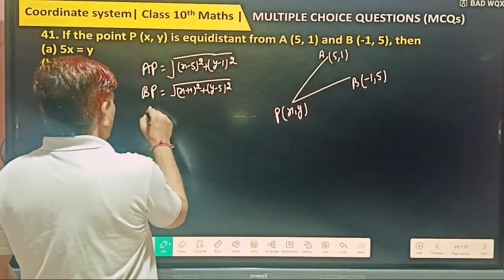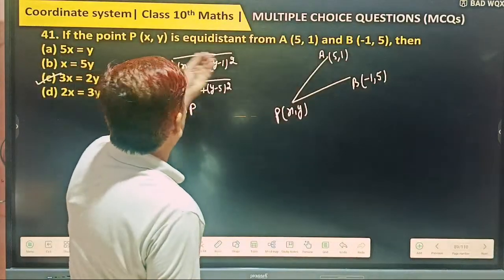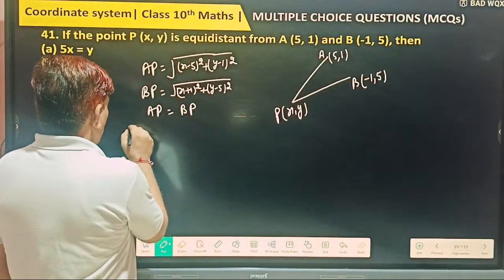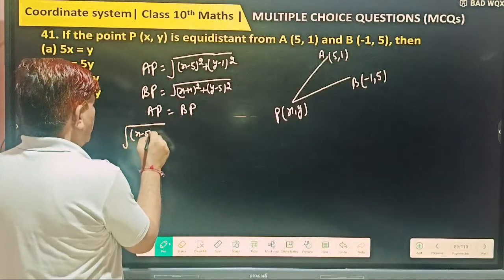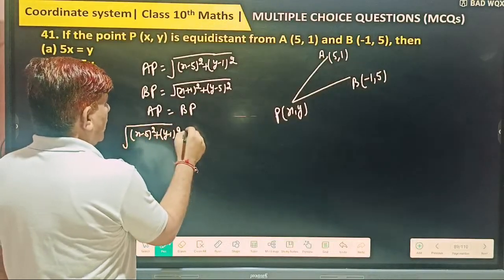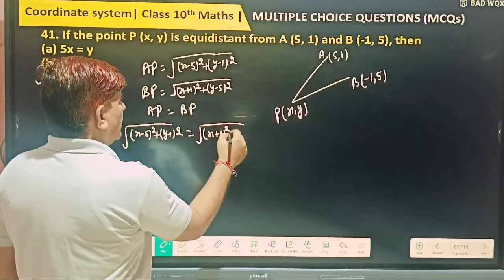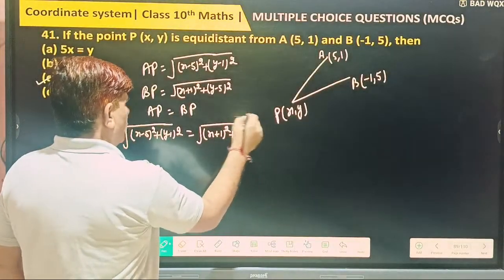Both are equal, AP equals BP, since P is equidistant from these points. So, under the root (x minus 5) whole square plus (y minus 1) whole square is equal to (x plus 1) whole square plus (y minus 5) whole square.